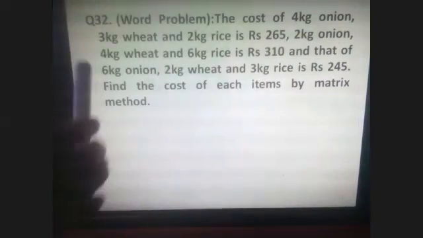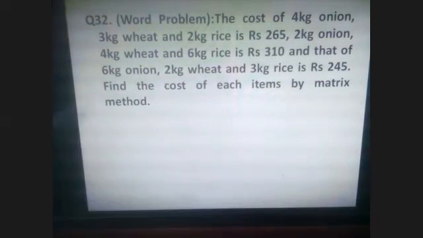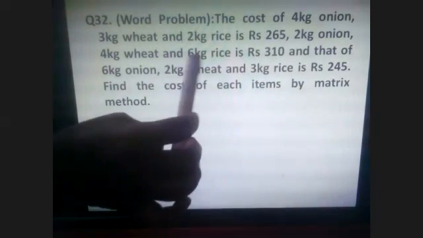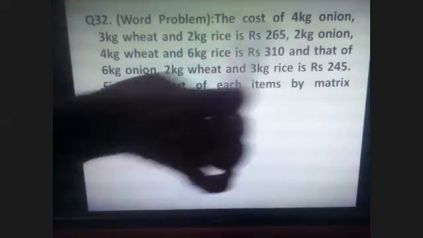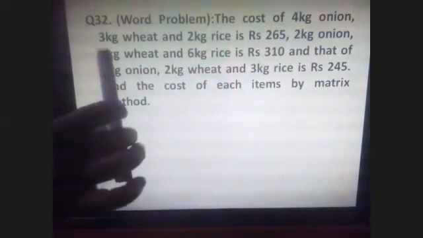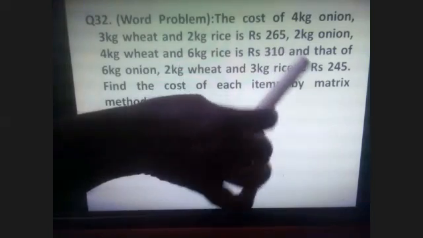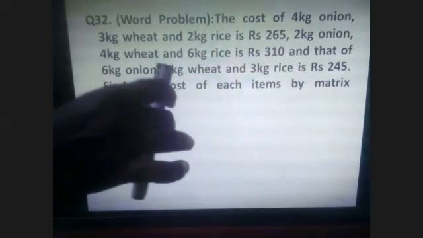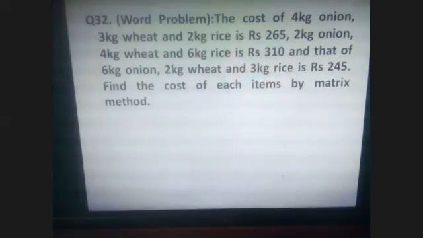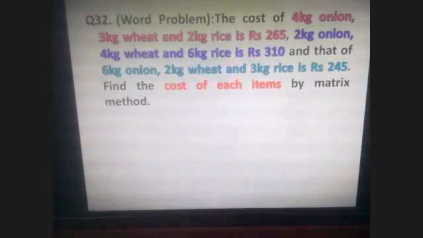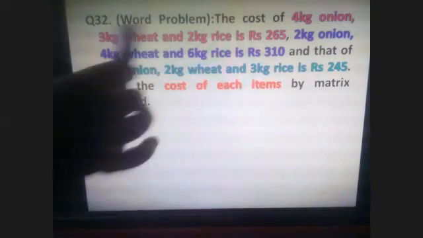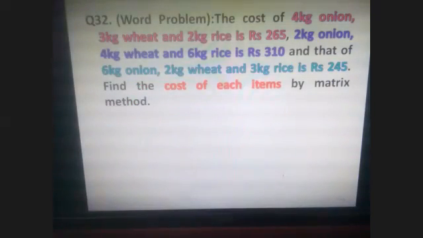Then 2x plus 4y plus 6z equal to 310, and 6x plus 2y plus 3z equal to 245, and you solve for it using the matrix method. Here it is easy: the cost of each item, and you have 3 equations.